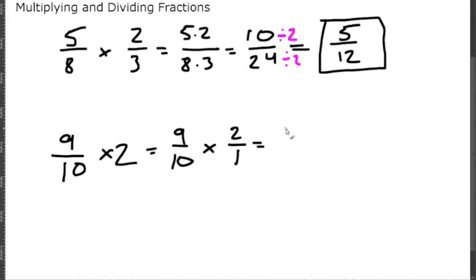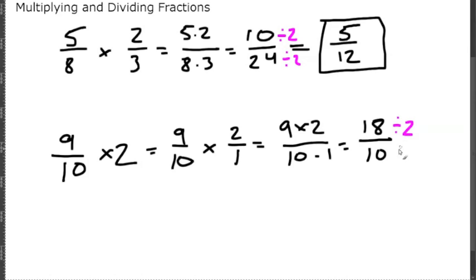So now just multiply the numerators and multiply the denominators. So we're going to have 9 times 2 over 10 times 1. So that's going to be 18 over 10. Now, 18 over 10 can be simplified. Both are even, so we can right off the bat divide them both by 2.